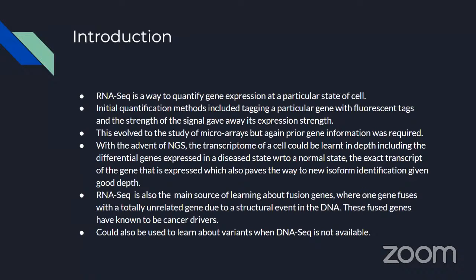When you want to do this kind of differential expression analysis, as I mentioned, to see which genes are upregulated or downregulated in a tumor cell with respect to a normal cell, all this analysis was done using microarrays.